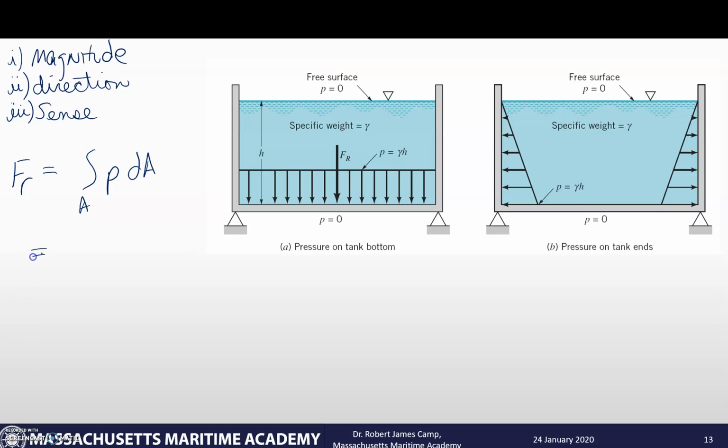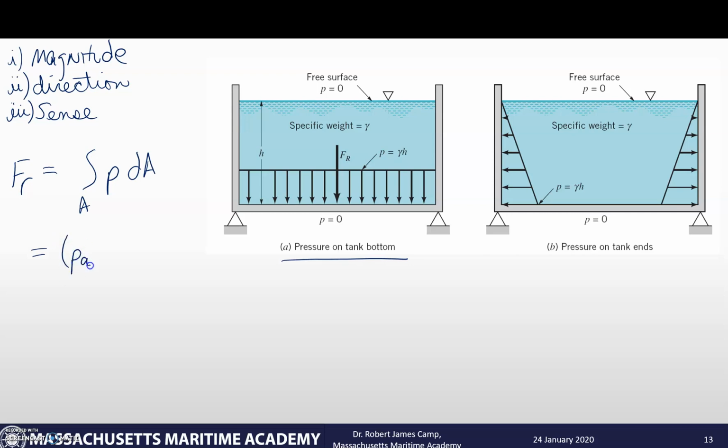Now, for us, this is actually not that hard to do, because what we're going to do is figure out what the pressure is. For a horizontal plate, in this situation A here, it's pretty easy because the pressure is not going to vary at all across the plate. And so all we're going to do is calculate what the hydrostatic pressure is on that bottom plate. And so what is that going to be?